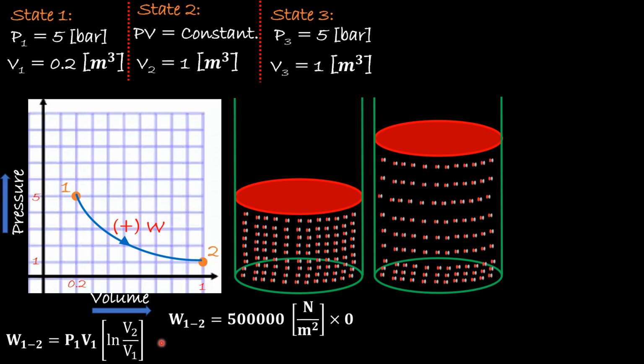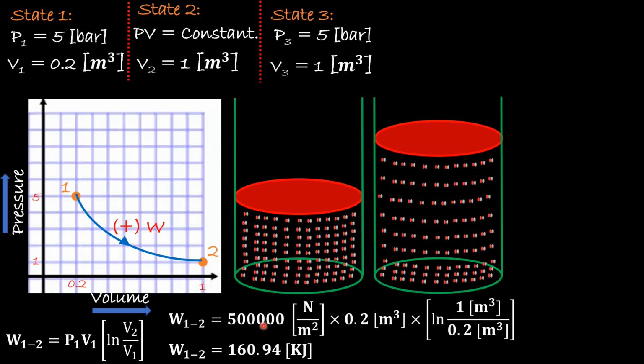So here we plug in the given values, and remember 1 bar is equivalent to 100,000 Pascal. So here we have 5 bars, so that will be 500,000. We plug it into our calculator, and it will give us 160.94 kilojoules. So that is how much work the gas did to move the piston from one location to another.